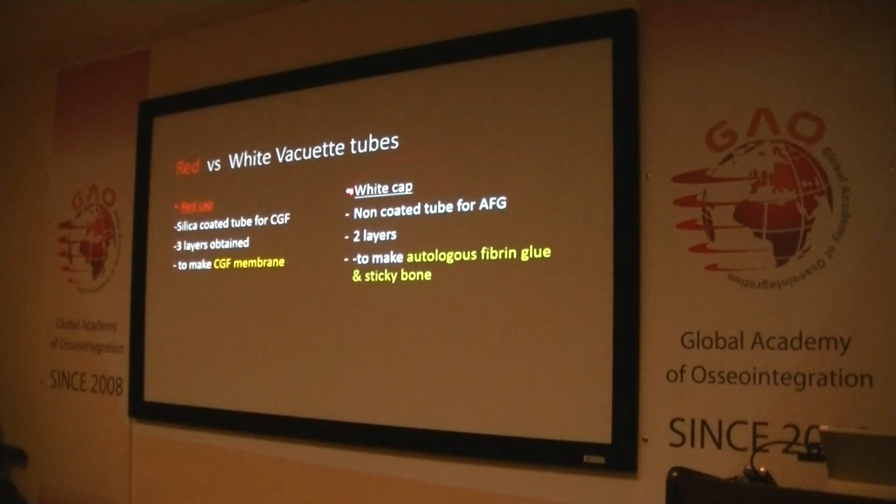And we use the one with the white cap for the sticky bone to make it glue. Typically, you just need to get one white cap test tube for each procedure. And then, depending on how many membranes you want, you can get 1, 2, or 3 red cap test tubes. Is that making sense?